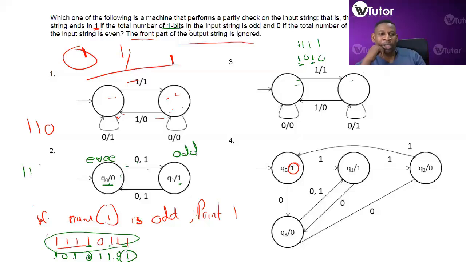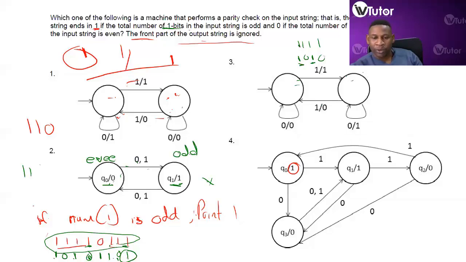So for an odd number of letters, it's giving you a 1. You can have 3 zeros, it will give you a 1, okay? I can have 0, 1, 0, it will give me a 1. I can have 0, 1, 1, it will give me a 1. So this one is incorrect because it only gives an output of 1 to inputs with odd length.